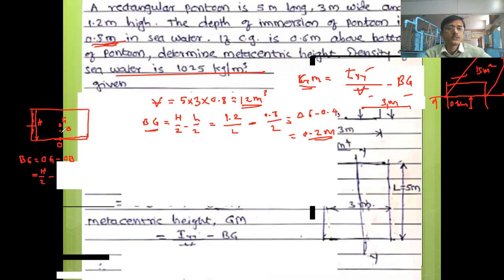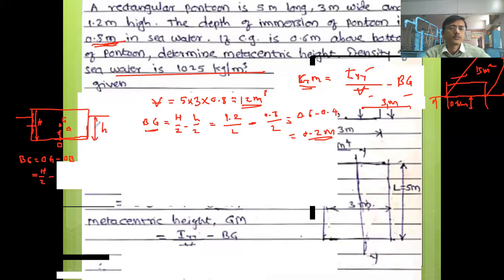And what is OB? OB is nothing but, this B is the center of buoyancy, the center of gravity of the submerged portion, or the volume of water displaced by the object. So the depth of immersion is nothing but small h.